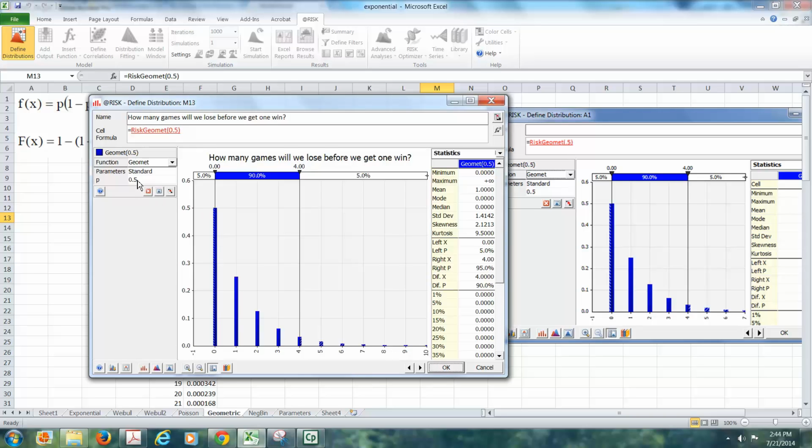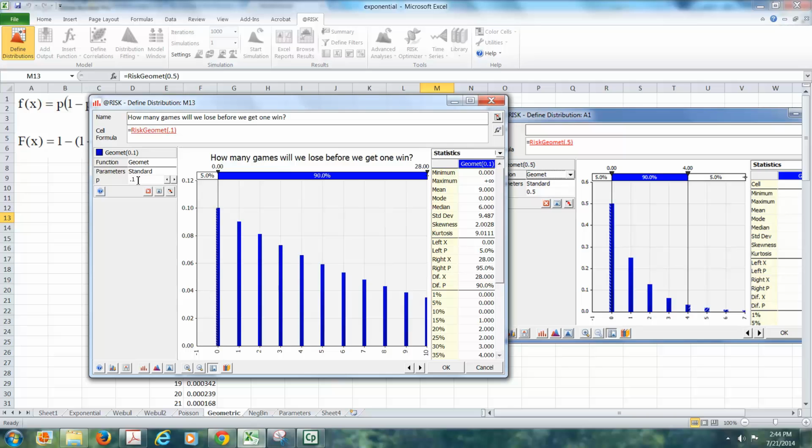We can, of course, change this. Perhaps if we were the dominant team, we would see that most likely there are going to be no losses if we have a 90% chance of winning. Or if they are the dominant team, you could see that there is a good likelihood that we could lose many games before we get our first win. But let's go back to the 0.5.